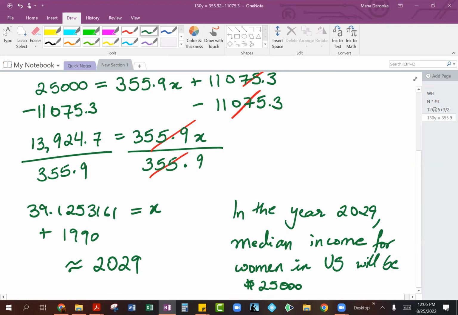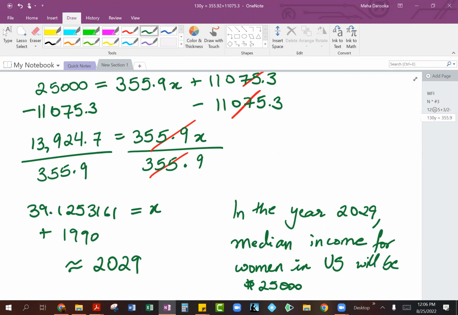If you think about averages, we're talking about an average over here. And I think that is really sad. If you think about the median, the average income for women will be, another 7 years from now, at only $25,000. I mean, talk about income inequality, and you can go to that website and see what the average income for men is.